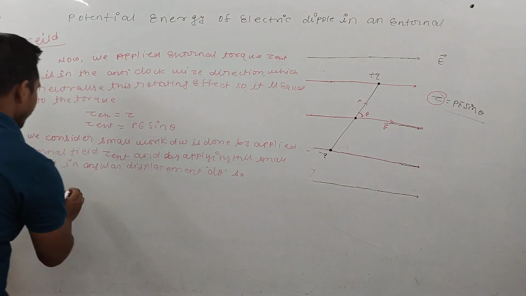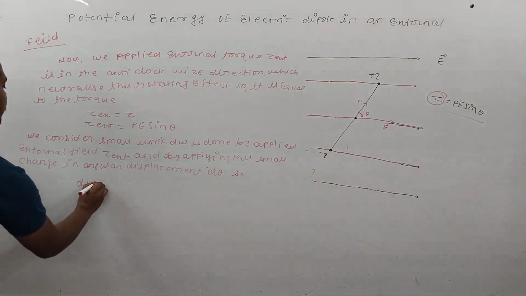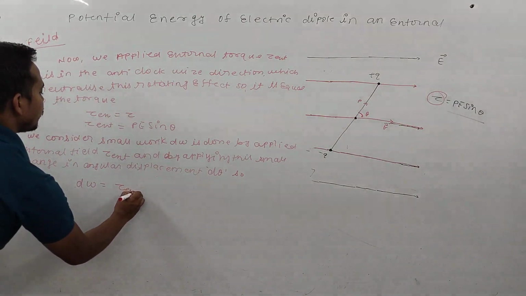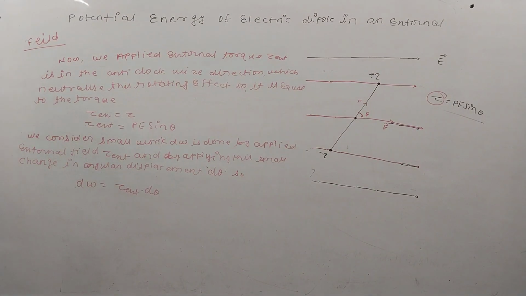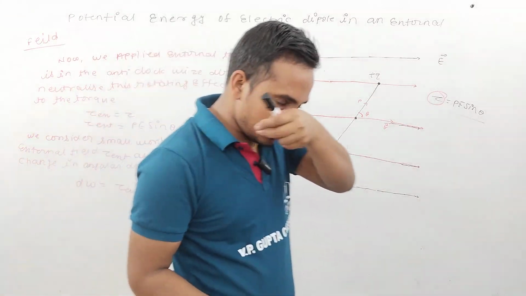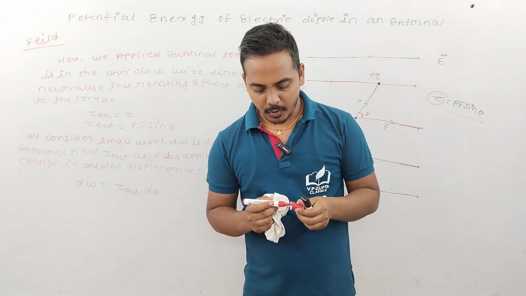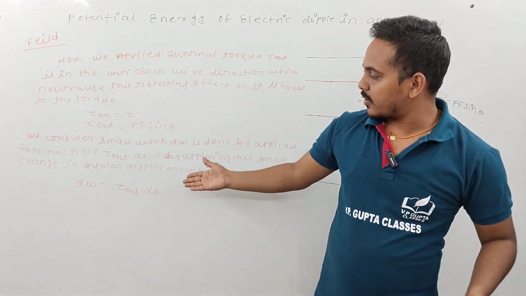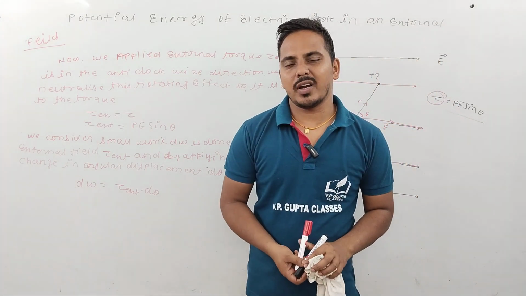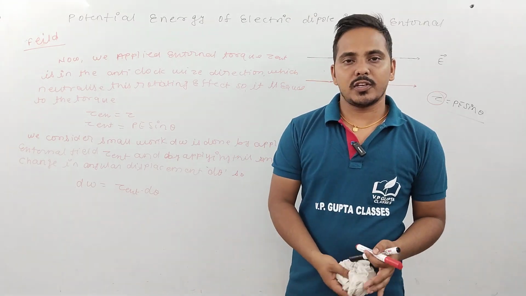So dw is equal to tau ext into d theta. It is the formula of dw, and it had already been explained how.